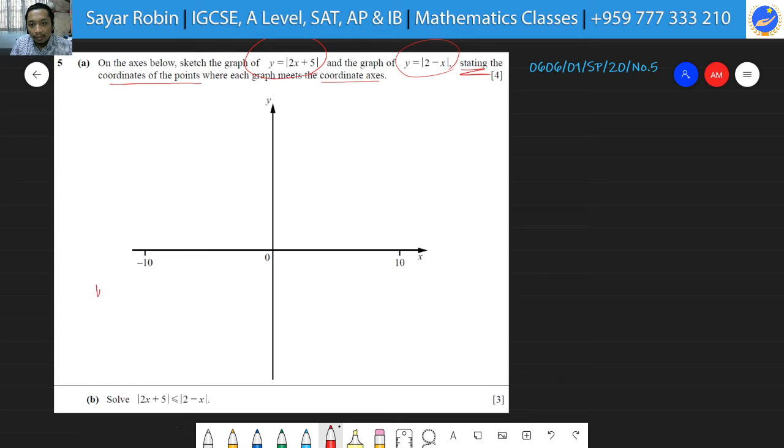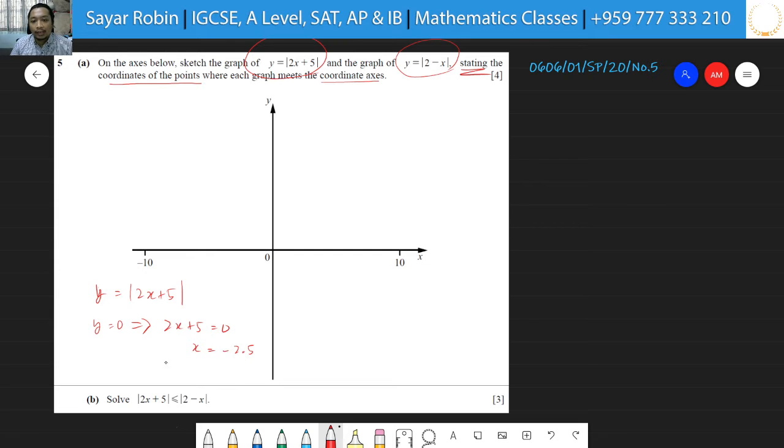Y is equal to modulus of 2x plus 5. First of all, we're going to find the x-intercept. That's why y must be 0. Y is equal to 0 implies, in order to get 0, 2x plus 5 must be 0. X is going to be negative 5 over 2, therefore negative 2.5. This is the x-intercept.